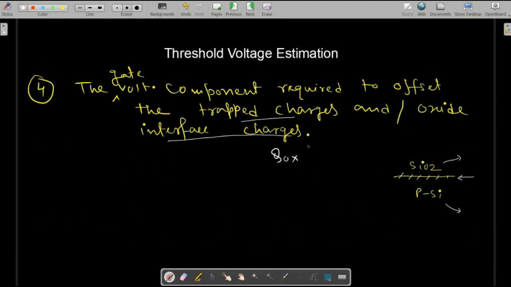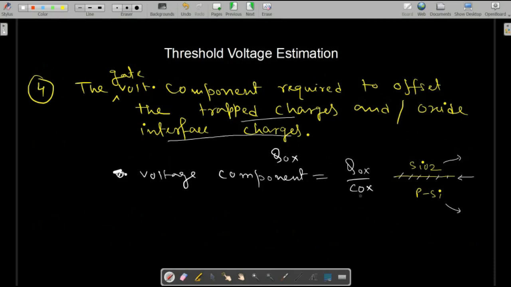If QOX is the charge, the voltage component will be Q by C, so QOX by COX. That means you have to apply an equal and opposite amount if this is positive.